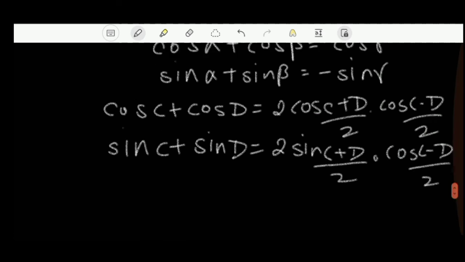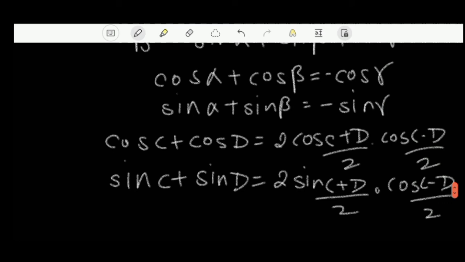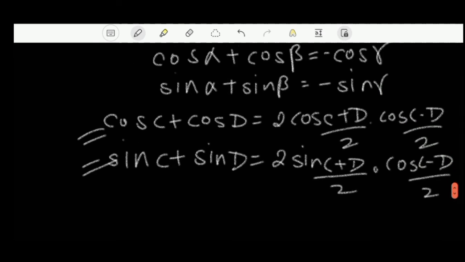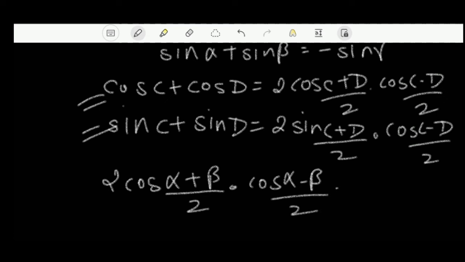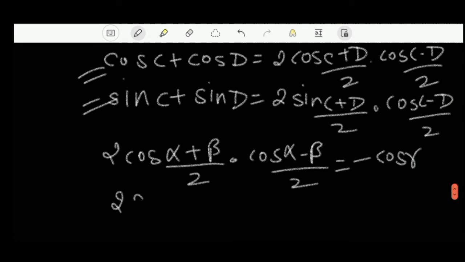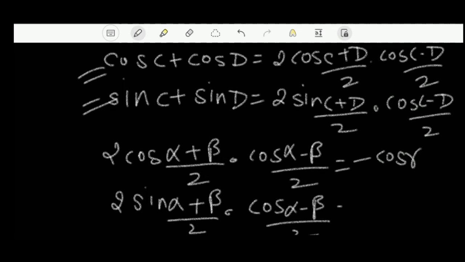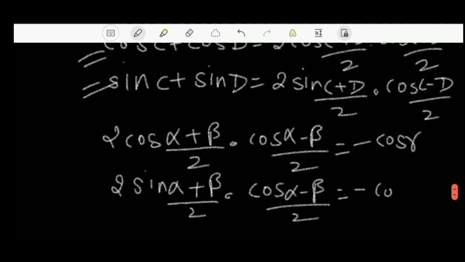So we can simply apply these two formulas and we'll obtain 2 cos((alpha plus beta) by 2) into cos((alpha minus beta) by 2) equals minus of cos gamma, and 2 sin((alpha plus beta) by 2) multiplied by cos((alpha minus beta) by 2) equals minus of sin gamma.